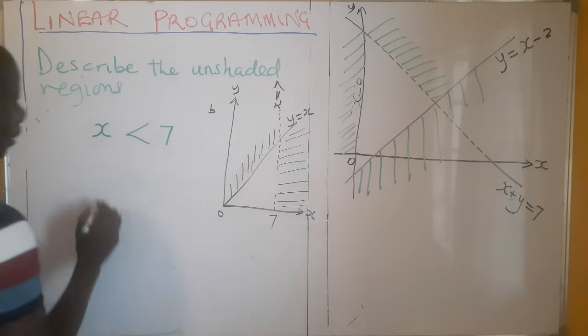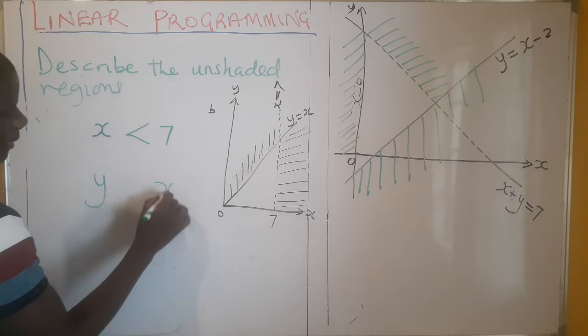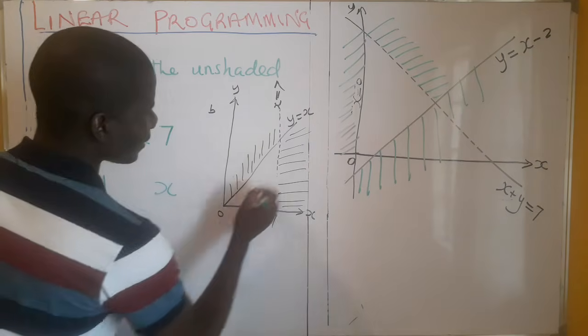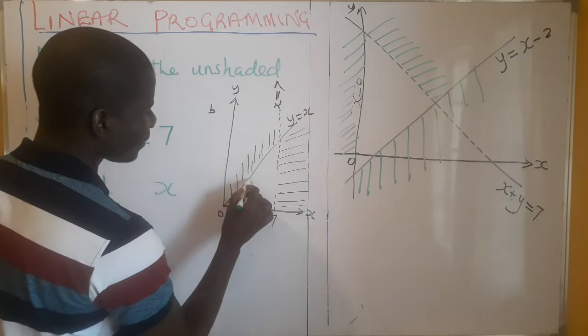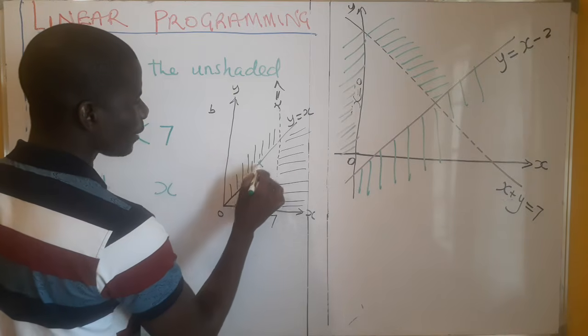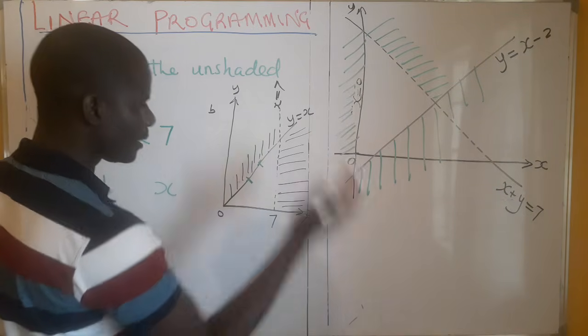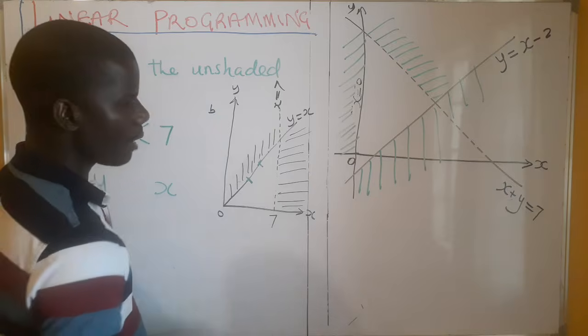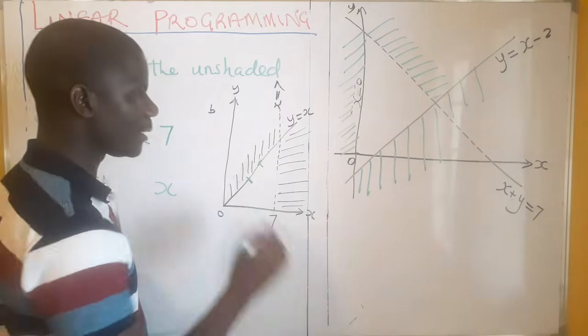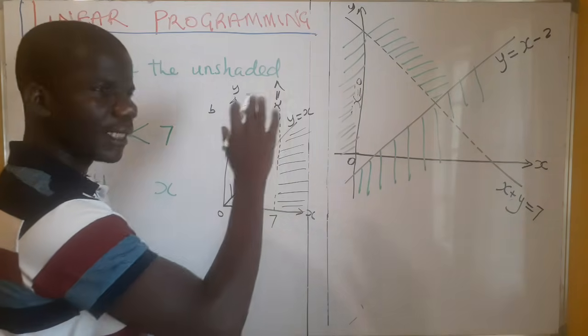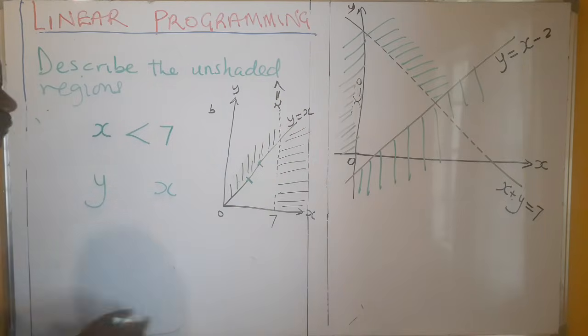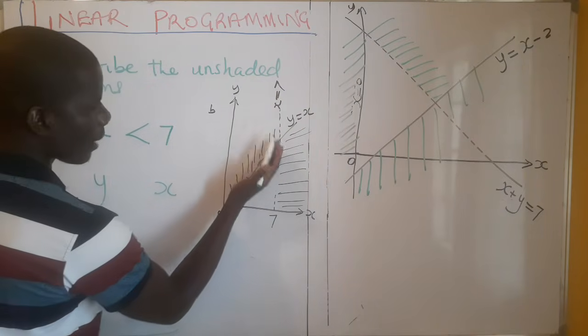Then when we come to this one, we have y and x. This is where, if it's 1, 1, 2, 2, the coordinate for x is the same as the coordinate for y. Where you have the same coordinates, 3, 3, 4, 4, 10, just like that. But then we are looking at the region that we want here.